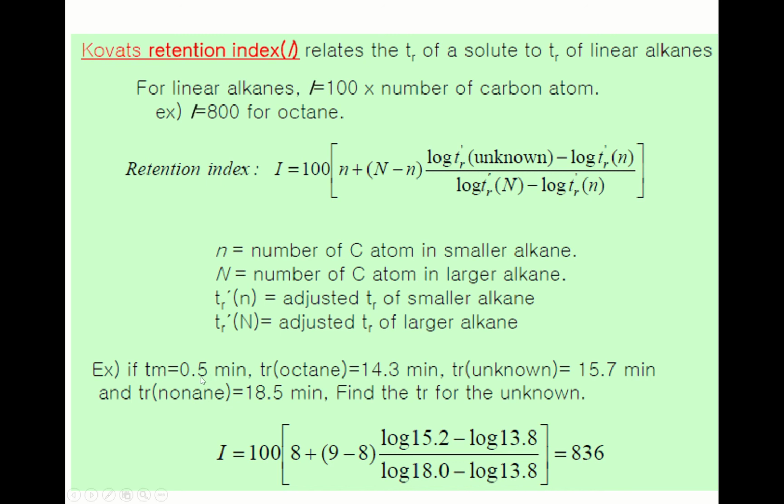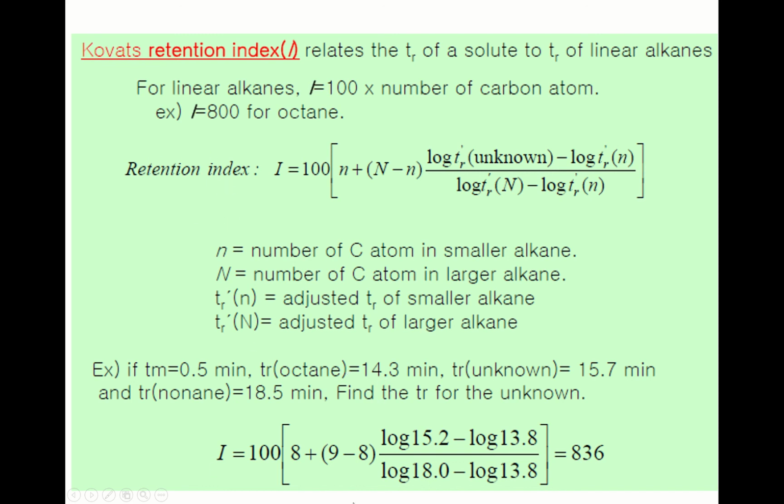The retention time for octane is 14.3 minutes, for the unknown you measured 15.7 minutes, and for nonane 18.5 minutes. Then for this unknown, you can calculate the retention index I.